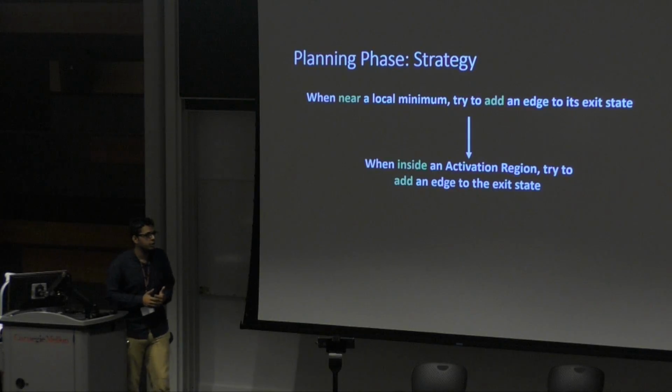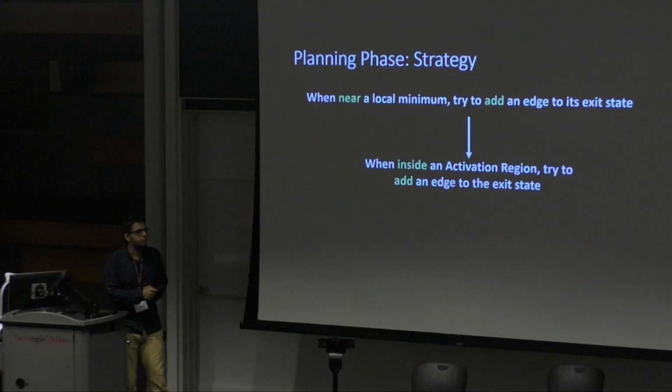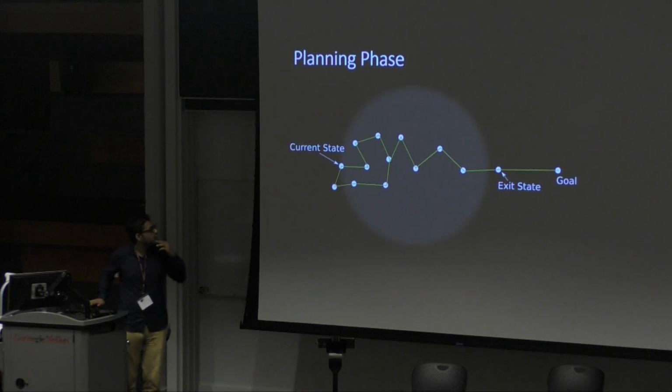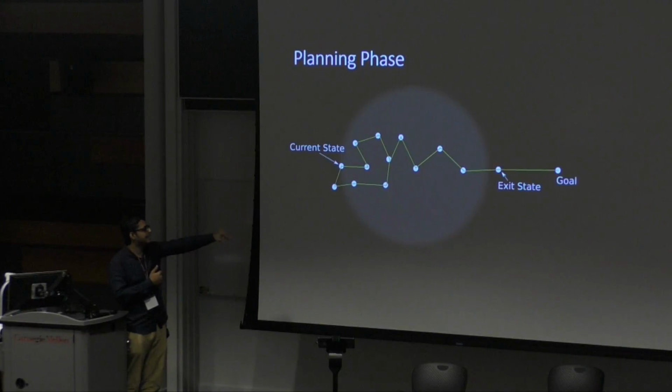So when you're near the door, you try to move directly to the exit state, or the right arm configuration, which took you through the door in the previous searches. In terms of the activation region, you check whether or not you are inside the activation region, and then you add an edge to the exit state. So, for example, if you look at this small graph, the shaded region is the local minimum, and that's the exit state which you have learned in your learning phase.